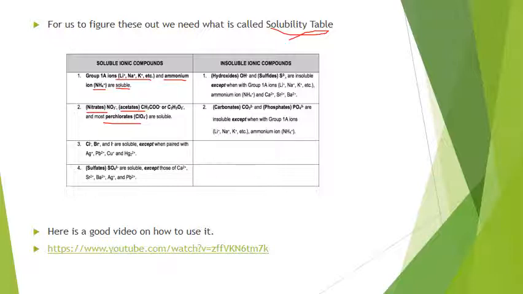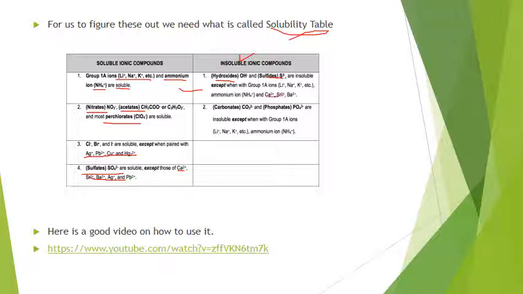Usually things that are attached to halogen ions, halides, are soluble except for these here. Sulfates are usually soluble except with these. Insolubles: hydroxides and sulfides are insoluble except with group 1, which is listed over here.